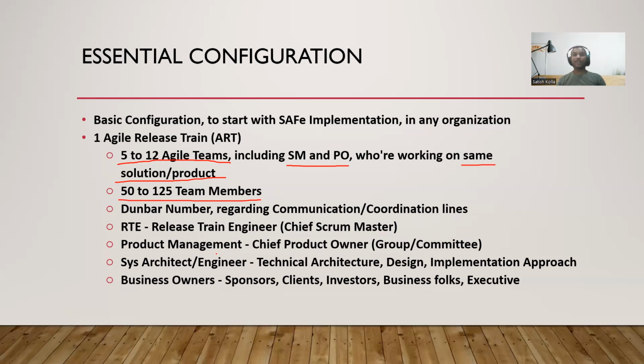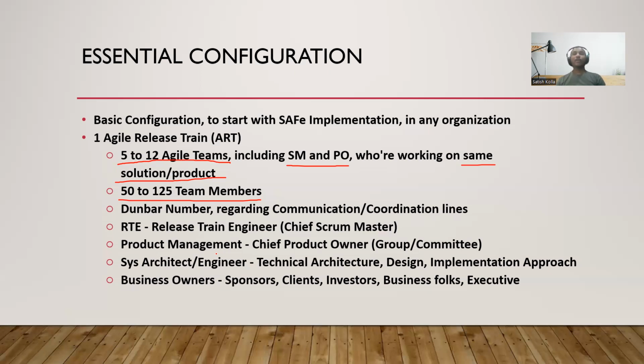So business owners could be coming from different perspectives. In a regular implementation, they are the ones who directly interact with the actual customers and users, do the market analysis, research, trends, and get the sponsorship and budget approvals, everything from the implementation perspective. So this is all about the essential configuration, which we discussed in our previous video as well.